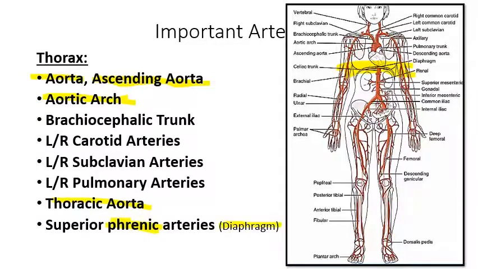So remember that the diaphragm is serviced by the phrenic nerves, and we had the phrenic nucleus, which is damaged in quadriplegics, for instance, which is what makes you a ventilator-dependent quadriplegic. Right. So the superior phrenic arteries are the little branches that come off of the thoracic aorta that supply the top of the diaphragm with blood.